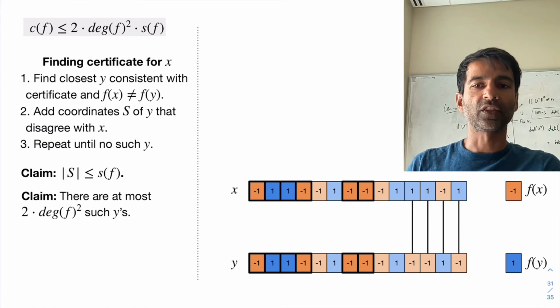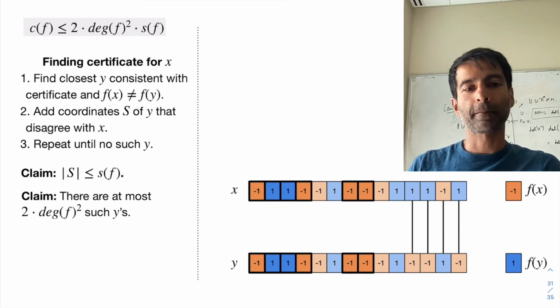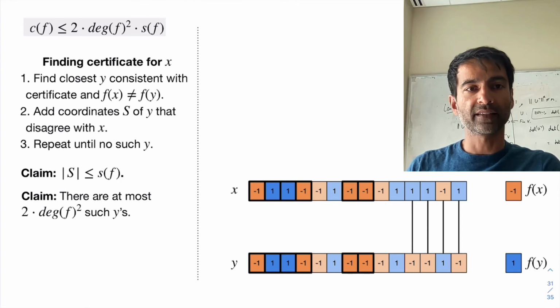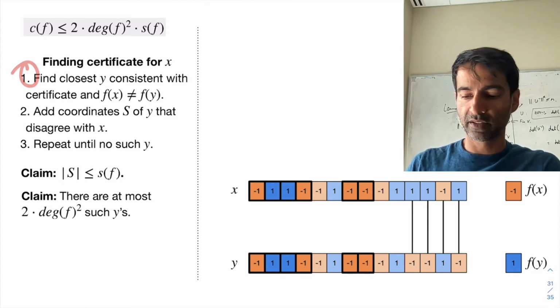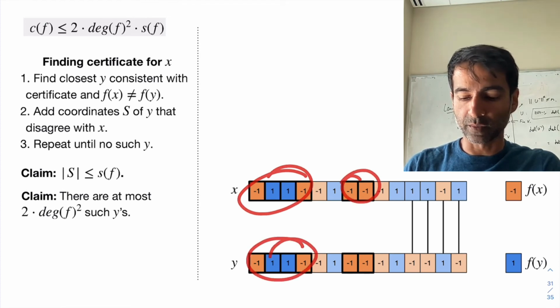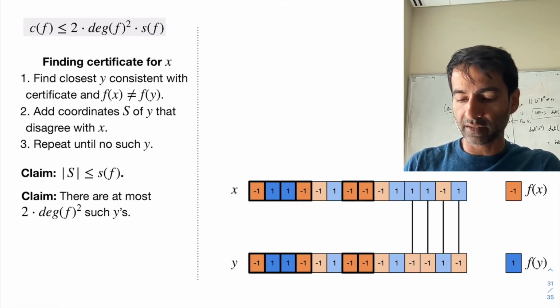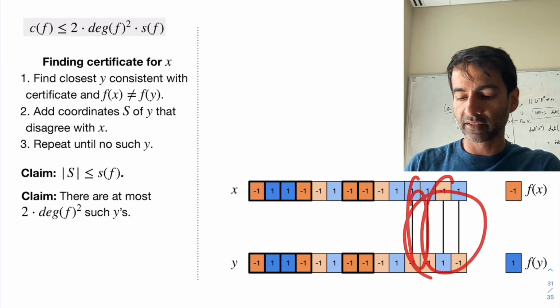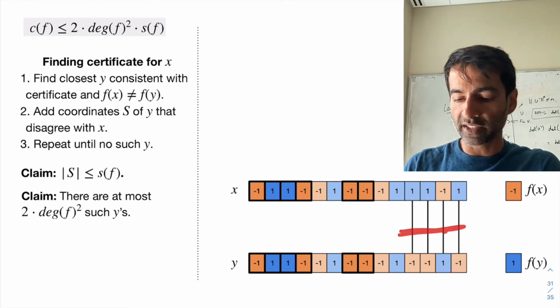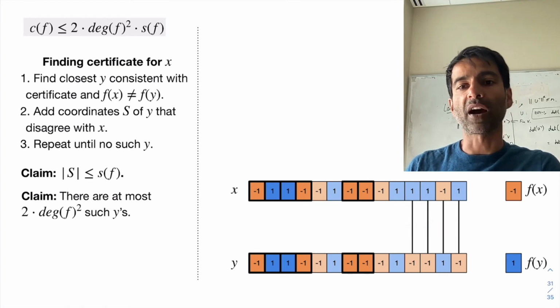Okay, so let's start with the first claim. Let's say we found at some point in the process this input y in the first step here. Okay, and let's say these are the coordinates in the certificate we've already fixed, and these are the coordinates where x and y disagree. Now I want to claim that the number of coordinates here is bounded by the sensitivity of f.